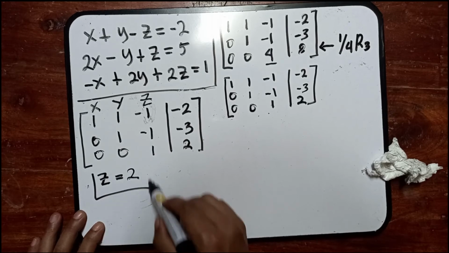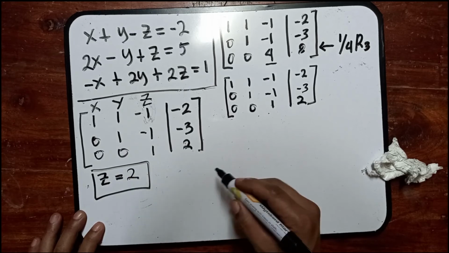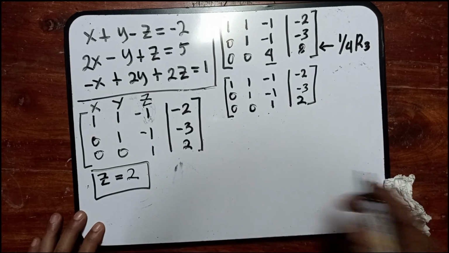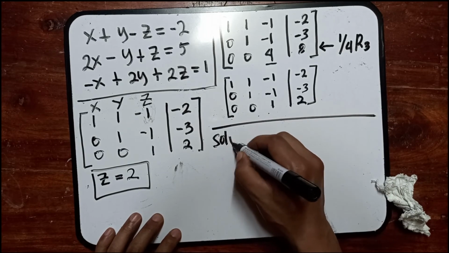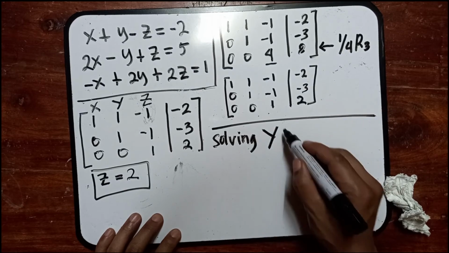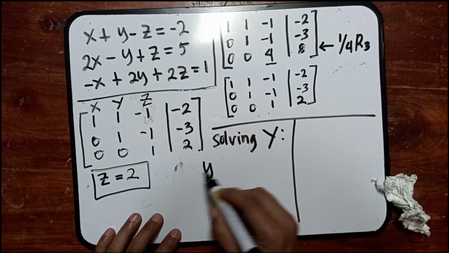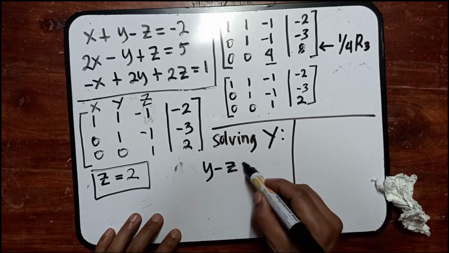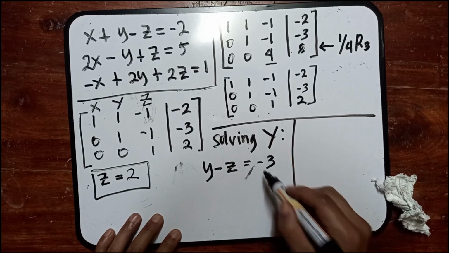Okay, so we have now the value for z. Let's try solving for y. To solve for y, you have to write here y minus z equals negative 3.